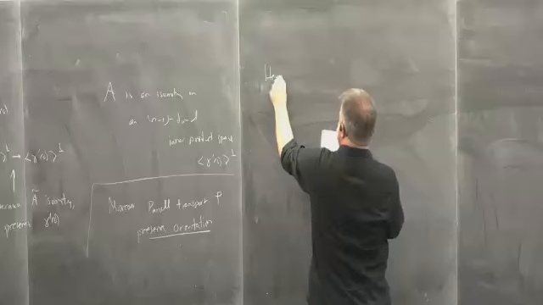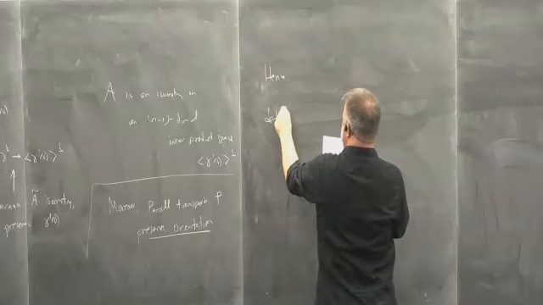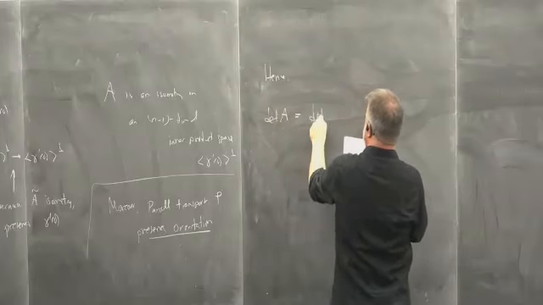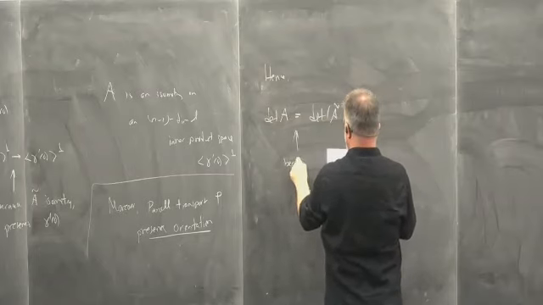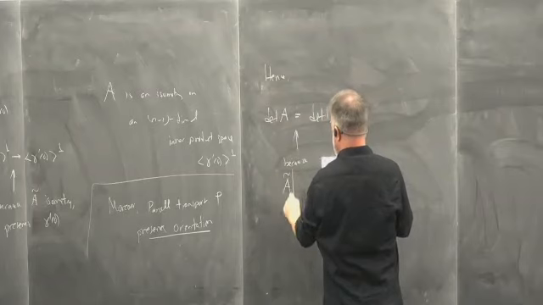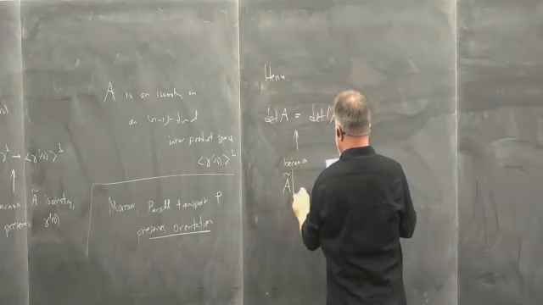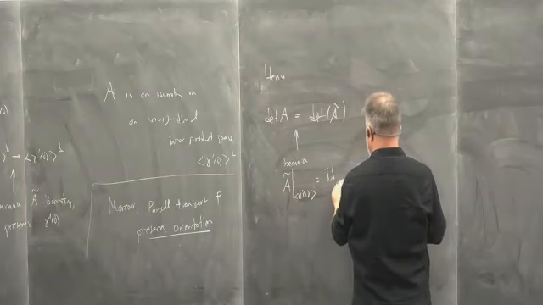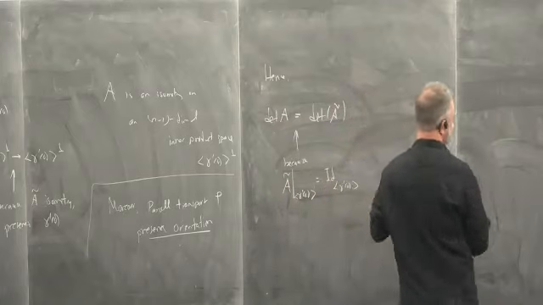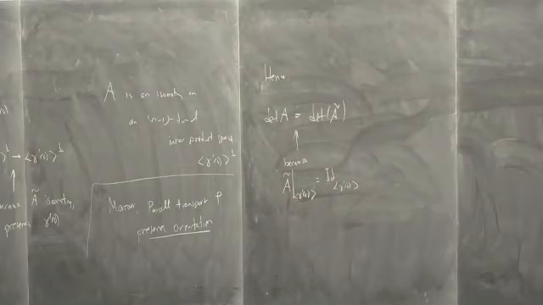So hence, the determinant of A is equal to the determinant of A tilde. This is because A tilde restricted to the span of gamma prime of 0 is the identity, right? It takes gamma prime of 0 to itself.